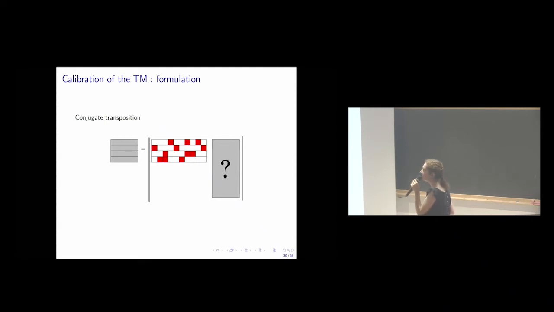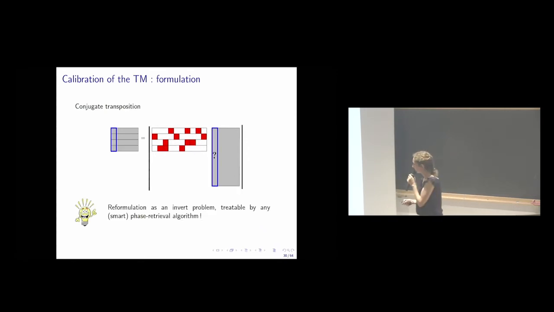The role of the transmission matrix is replaced by the DMD configurations. And here you have the transmission matrix I want to estimate. And this is nice, actually, because when I do that, I come back to an inverse problem. This is treatable by any smart phase retrieval algorithm.